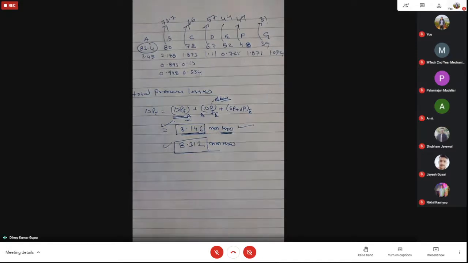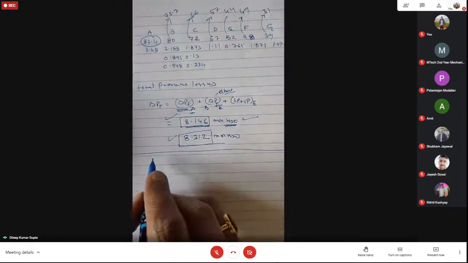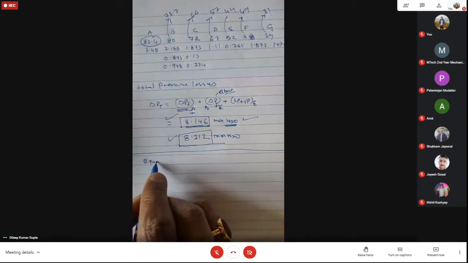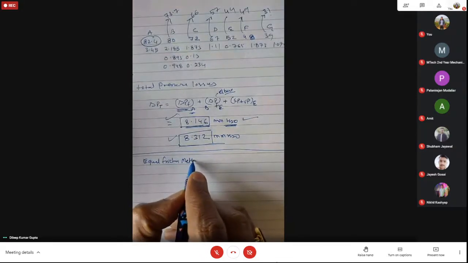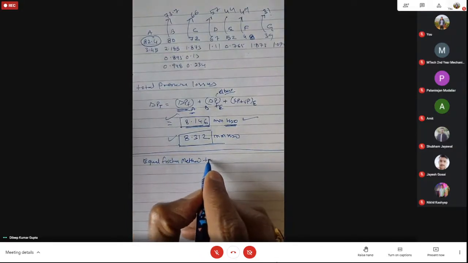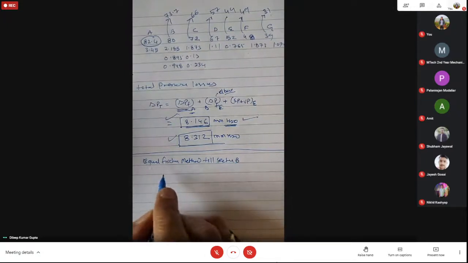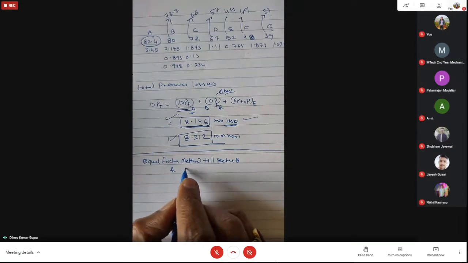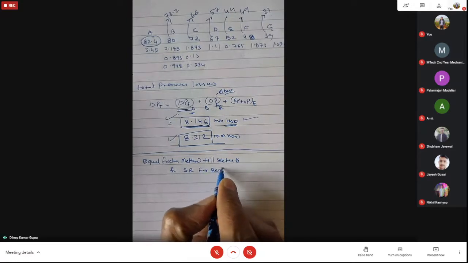Now, the same question, if you solve it for the third method, that is, using the equal friction method till section B and the SR method for the rest of the branches.